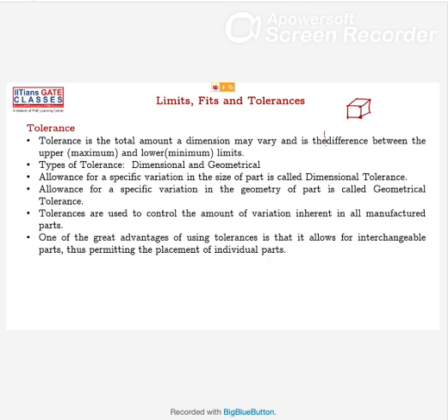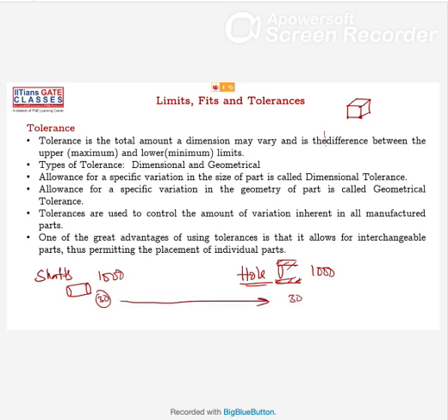Because shafts are manufactured somewhere and holes are manufactured somewhere. Holes in the sense like some nut or some place where a hole is required. These are thousands of items and these are also thousands of items. If you are not having tolerance, what happens? You have to identify the shaft of diameter 30 and the hole of diameter 30, then only the shaft can go into this hole, right?